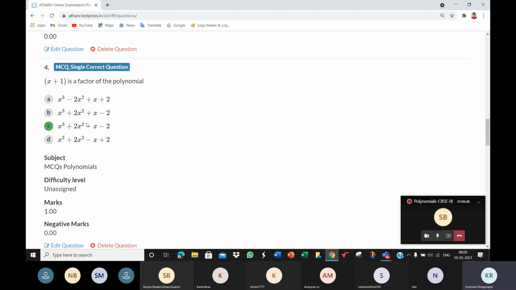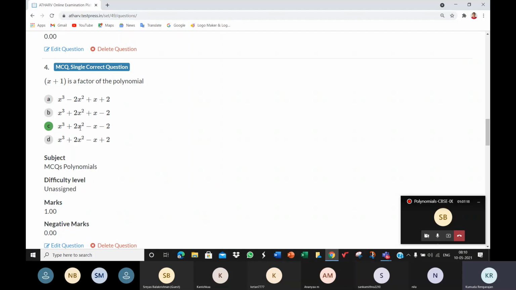Let's call this something like m of x. You don't have to spend time working; just substitute the values. In place of x, substitute minus 1 and see if you're getting 0. If you get 0, then x plus 1 is a factor of whatever polynomial is given. So when you work A, B and D with x equal to minus 1, the value will not be 0. In C it is 0.